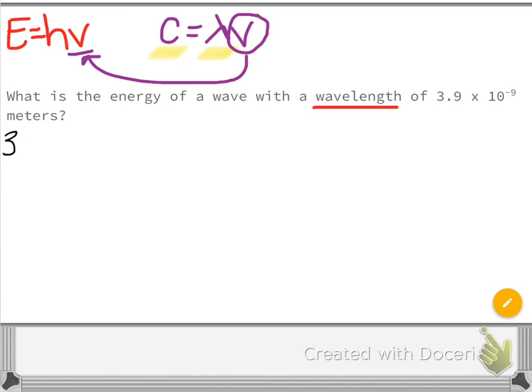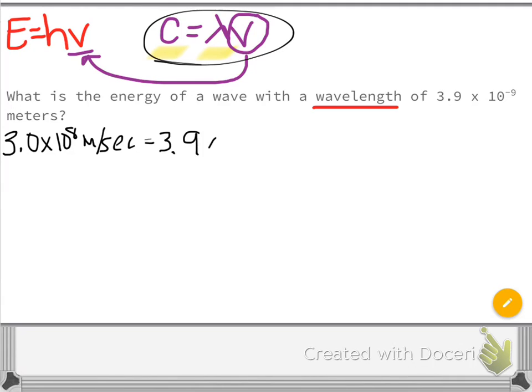So we're going to use 3.0 times 10 to the 8th meters per second. So we're using this equation first, equals my wavelength, which is 3.9 times 10 to the negative 9th meters. Make sure you know this is a 9. And we're multiplying that by our frequency, which we do not know.